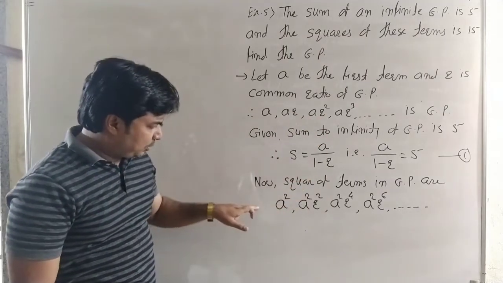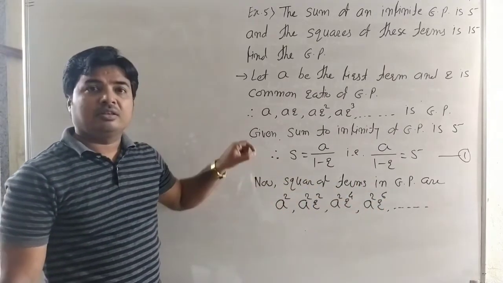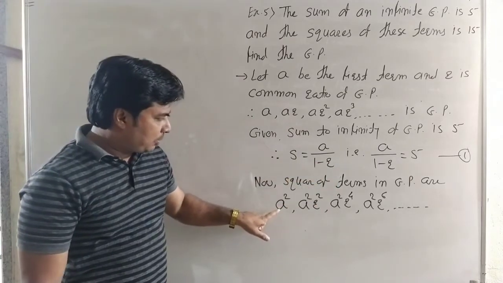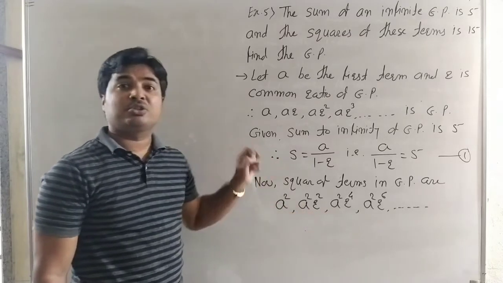Now here see carefully, it is again a sequence, and it is a geometric progression also. Here the first term is a square and the common ratio is r square.